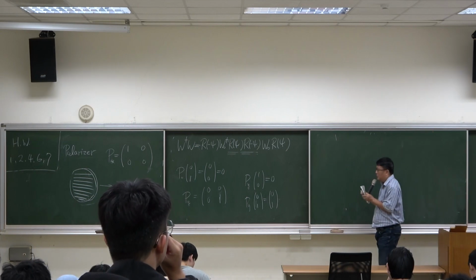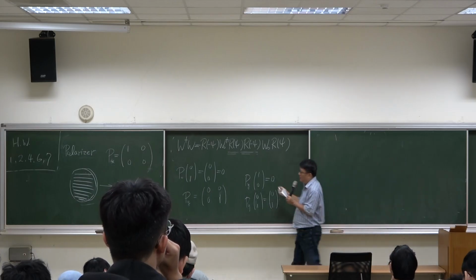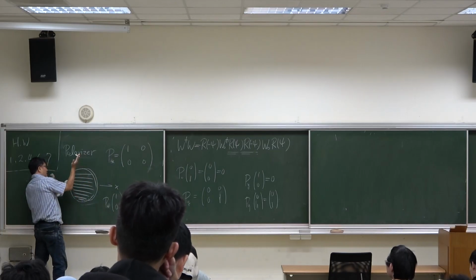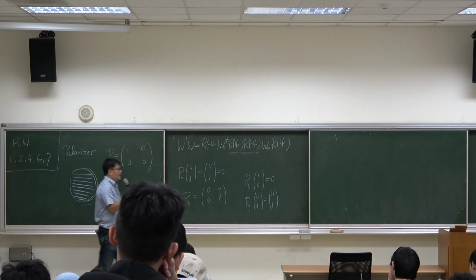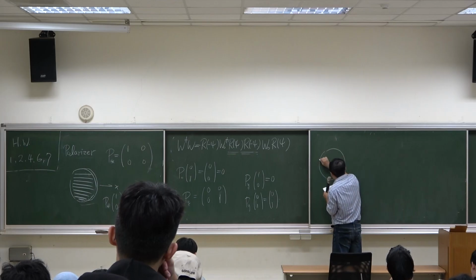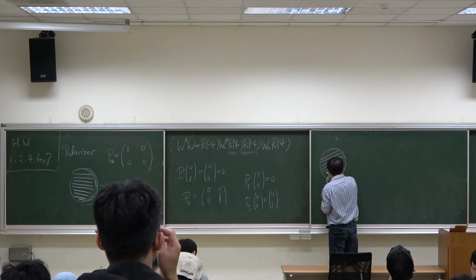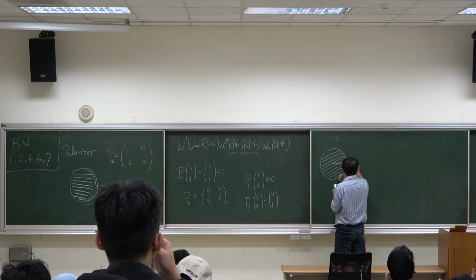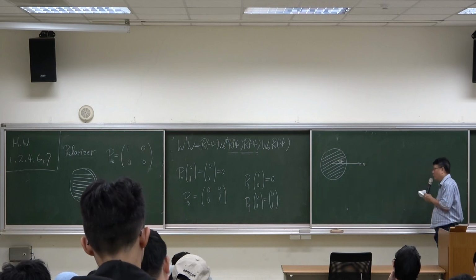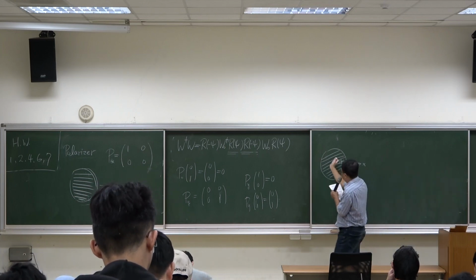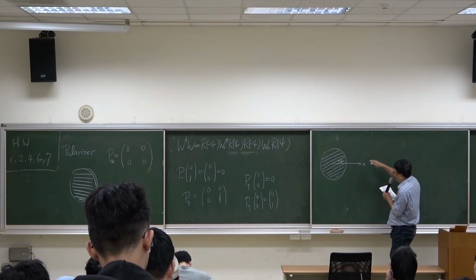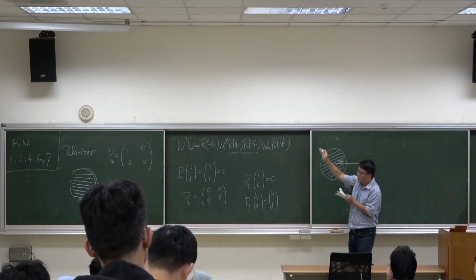Just like what we did before, if the transmitting axis is along the orientation psi, if we have a polarizer whose transmission axis is along the direction psi, then how do we express this polarizer in matrix form?